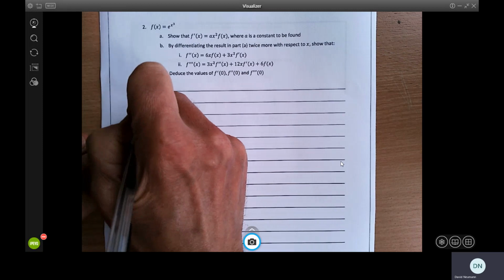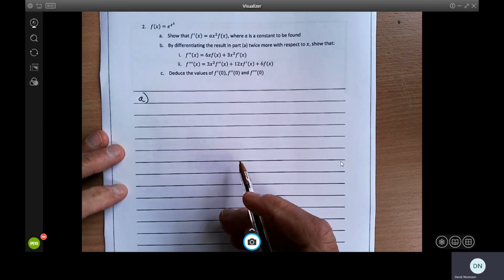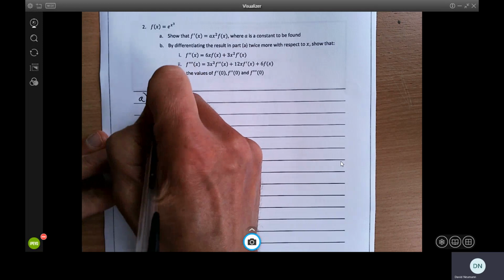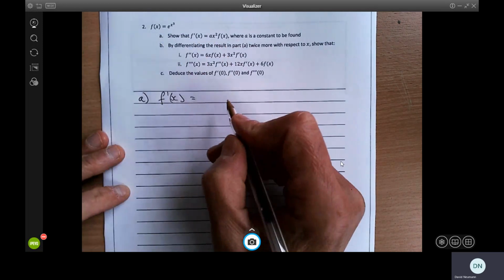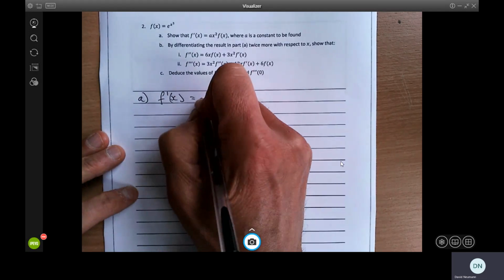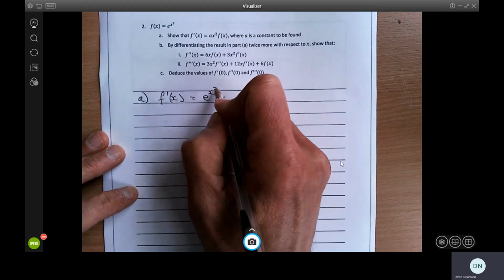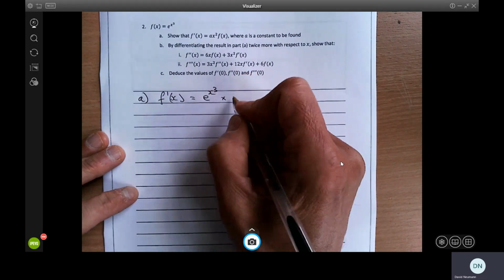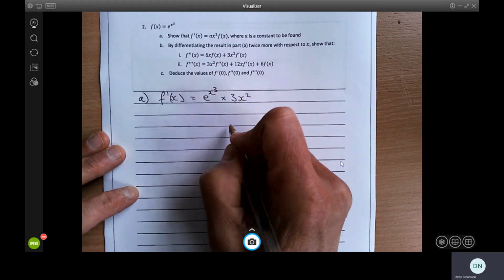So for part A, we've again got a function within a function, so we're going to use the chain rule. So f dashed of x is equal to differentiate the outer function, so that's going to give us the same thing, e to the x cubed, times differentiate the inner function, the x cubed, gives us 3x squared.